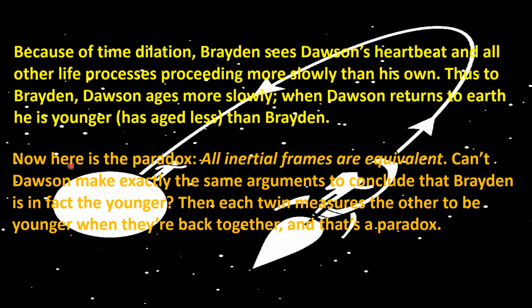Now, here is the seemingly paradox. All inertial frames are considered equivalent. Can't Dawson make exactly the same arguments to conclude that his twin brother Brayden is in fact the younger? Then each twin measures the other to be younger when they are back together, and that's what is called the twin paradox.